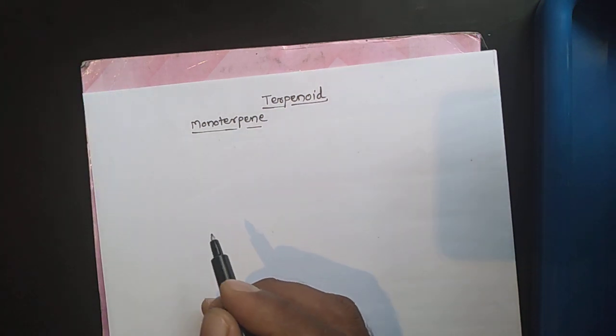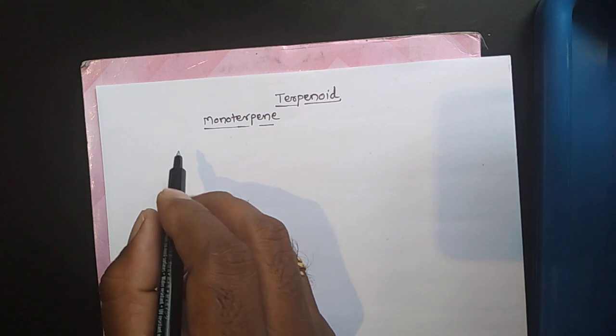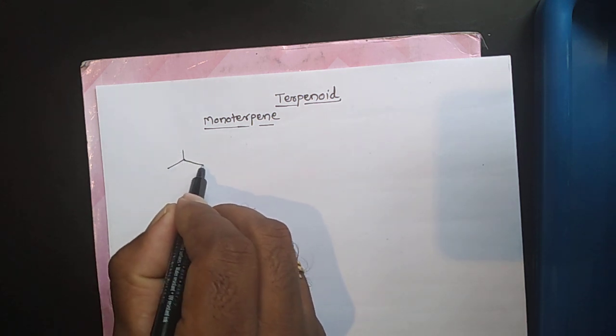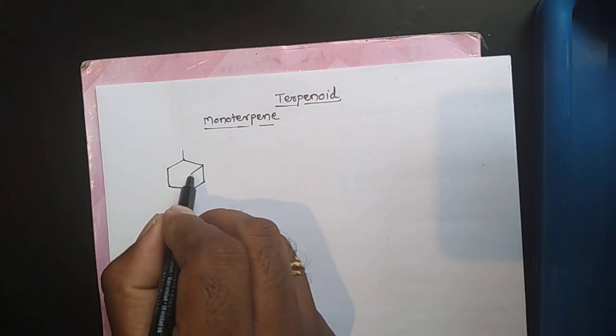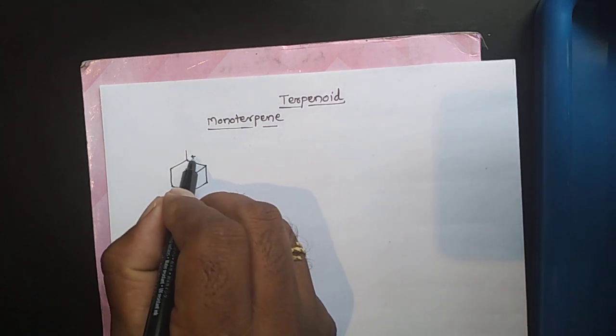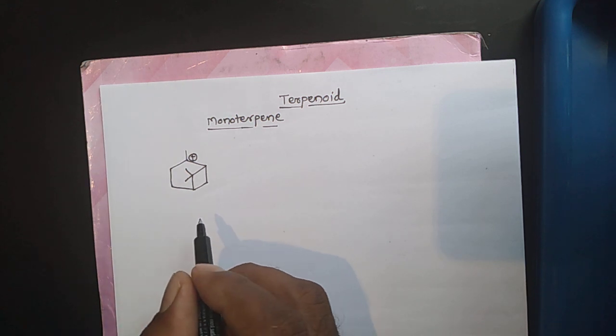So better I will write down first the intermediate cation, which is the pinyl cation. If writing simultaneously is not possible, you can pause this video and then write it down.